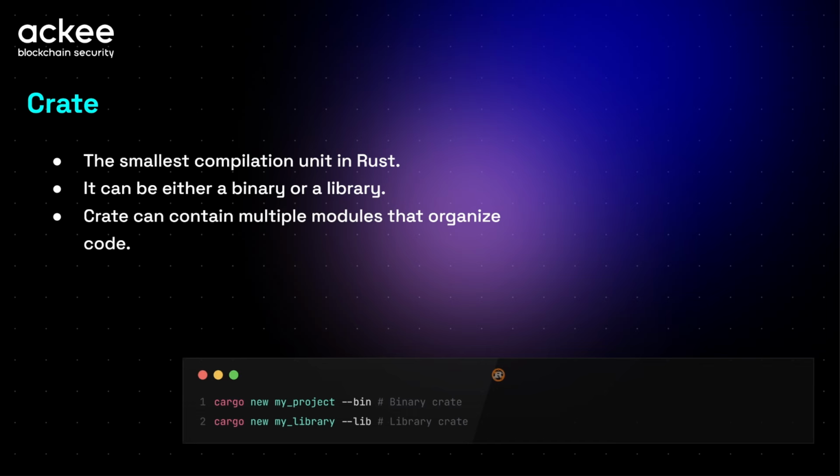Binary crate generates an executable program like main.rs, and library crate is a reusable library basically. You can see how to create a new binary: cargo new my project or cargo new my library with the specified flags, in this case bin or lib.